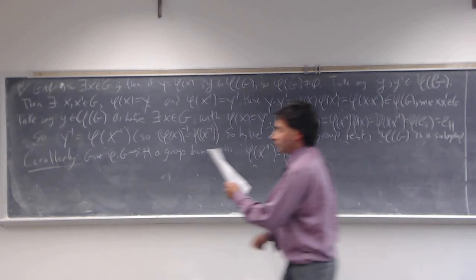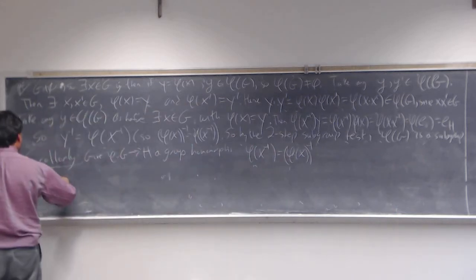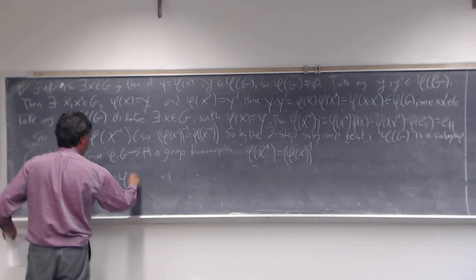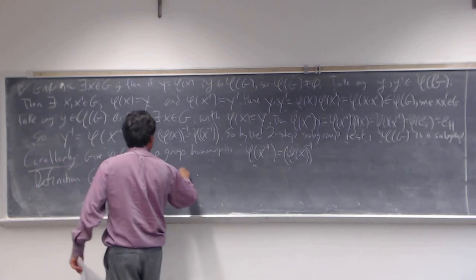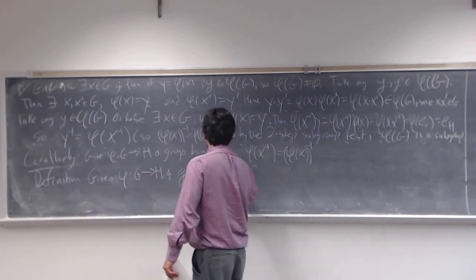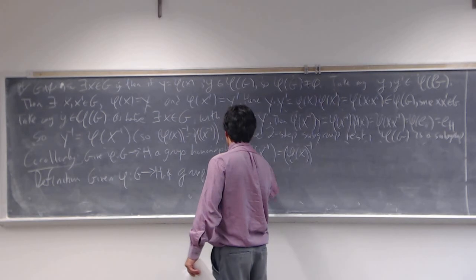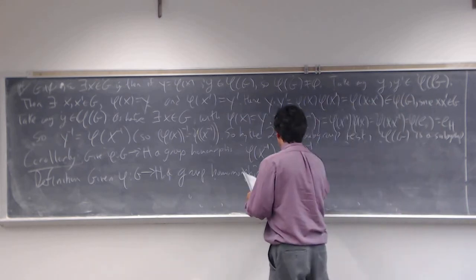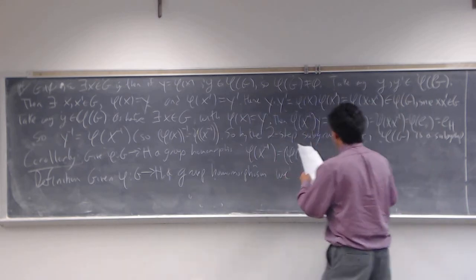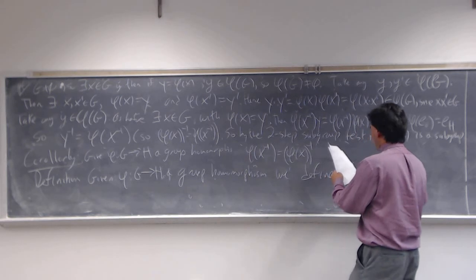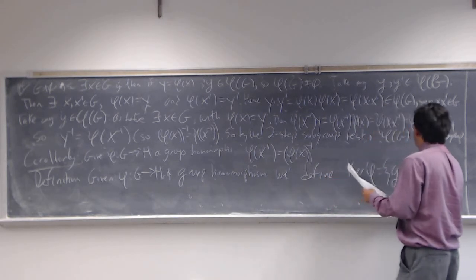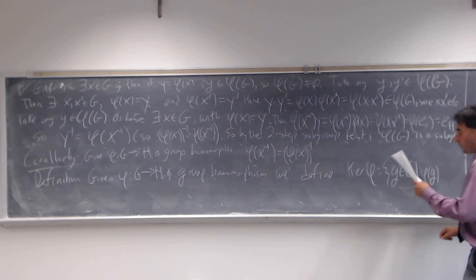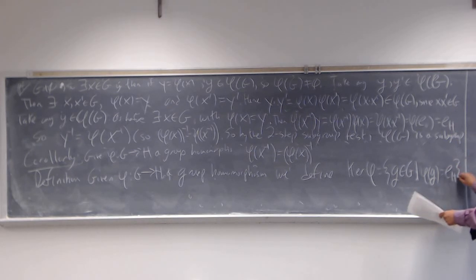And we now have another definition. Given a homomorphism phi from G into H, we define the kernel of phi to be everything in G that the function maps to the identity.